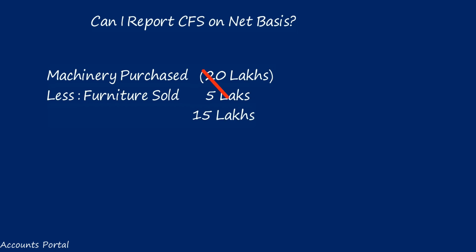The answer is no. Netting off is not allowed. Machinery purchased is an outflow and should be shown separately; furniture sold is an inflow shown separately. Reporting on a net basis is not allowed for a normal enterprise, but for a financial enterprise it is allowed, that too in specific circumstances.